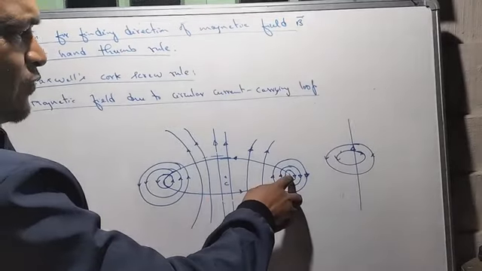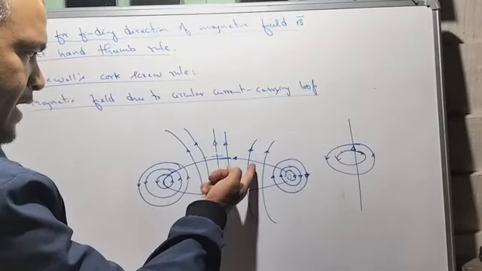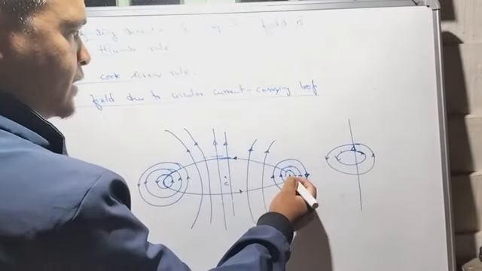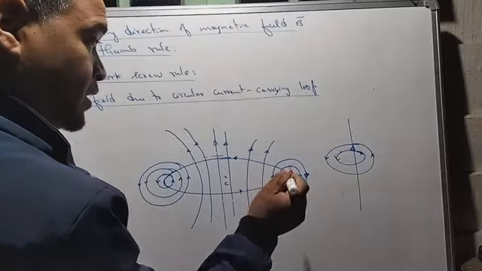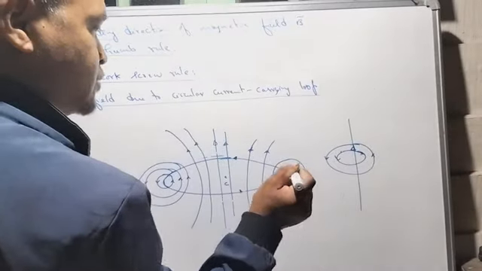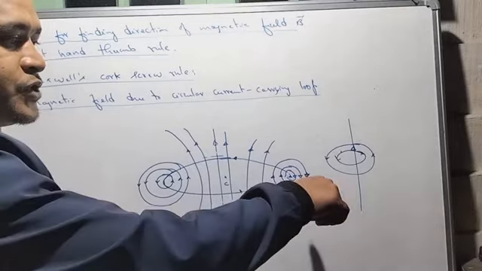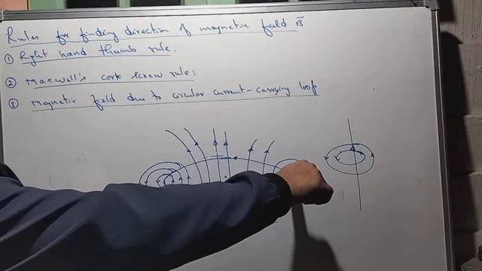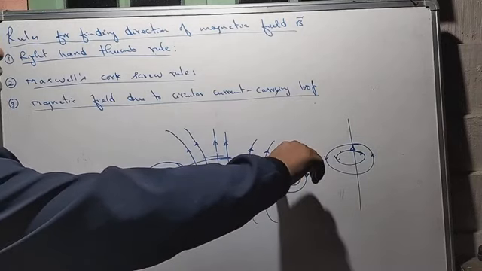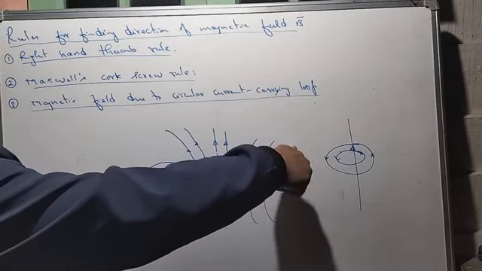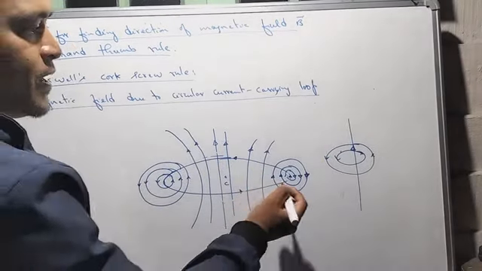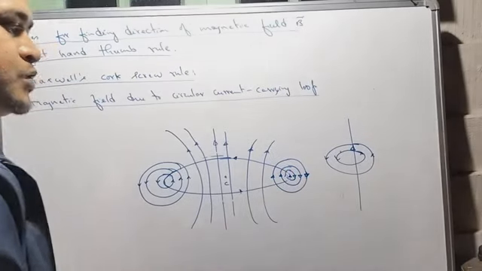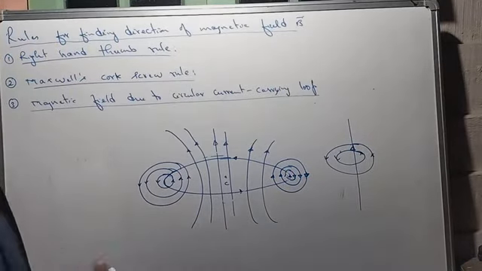Similarly, if you look at the other end of the loop, at this point the current is going inside. The current is represented by my thumb, and these are the curled fingers, which will give you the direction of the magnetic field at this end. The magnetic field at this end will be concentric circles.